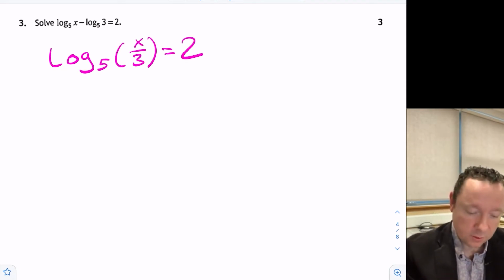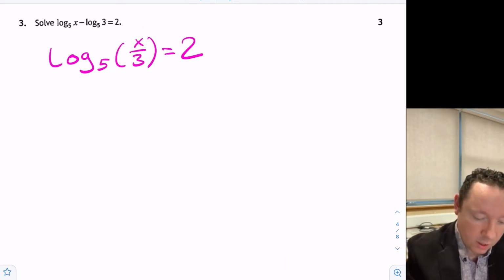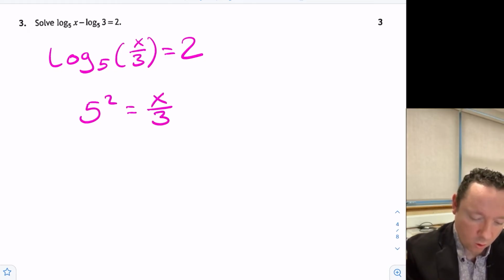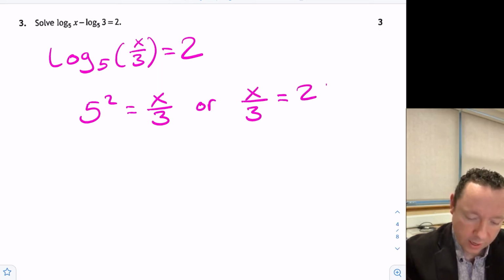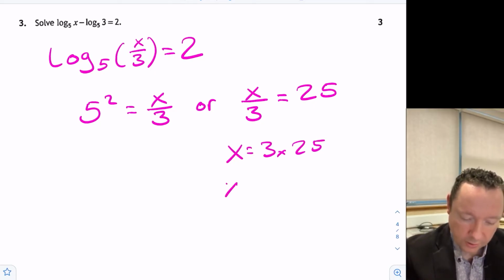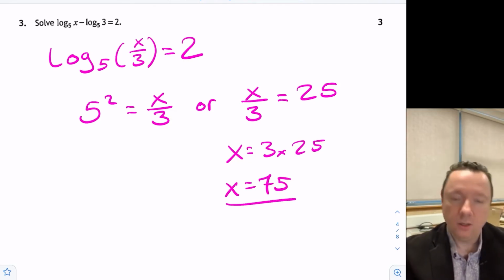So, remember, it's base to the power of this equals this. So, in other words, 5 squared equals x over 3, or to write it nicely, x over 3 equals 25, 5 squared. X divided by 3 equals 25, so that means that x must be 3 times 25, so x equals 75, and we're done there.